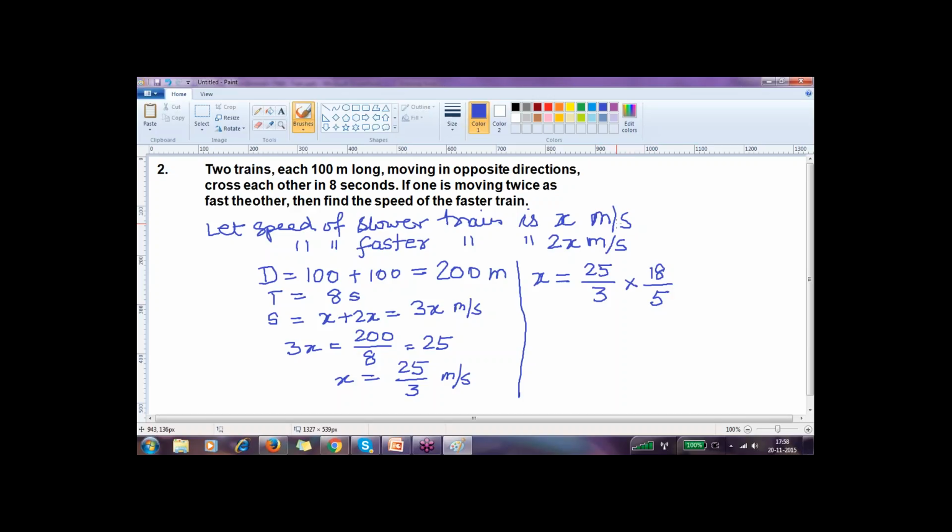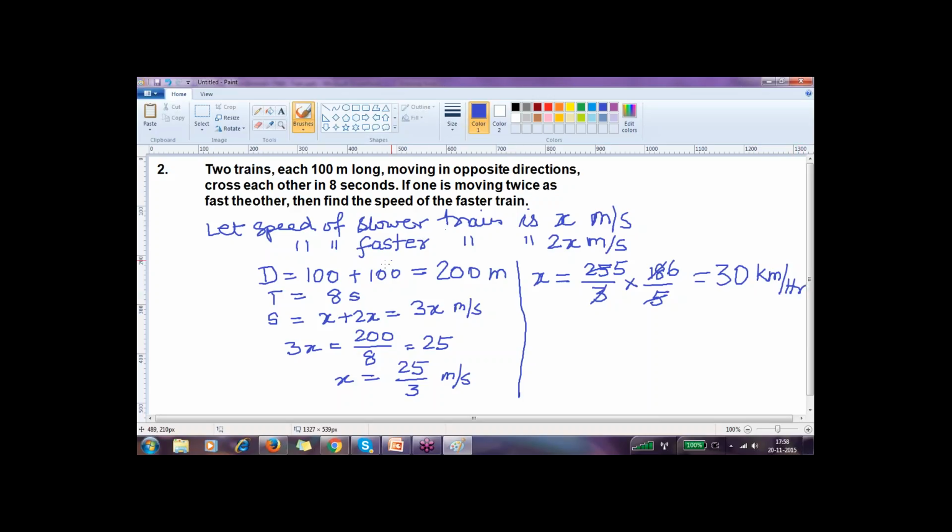When you convert from meters per second to kilometers per hour, it is 18 by 5. So now if I do this, it will be 5 here, it will be 6 here. So it is equal to 30 kilometers per hour.